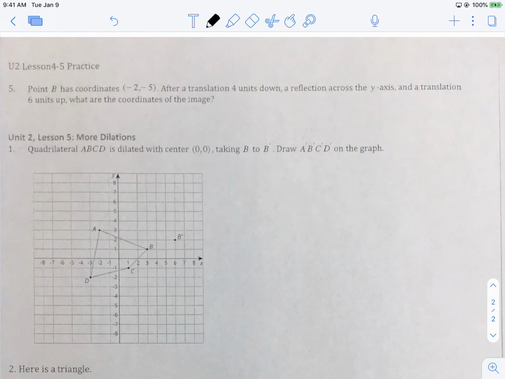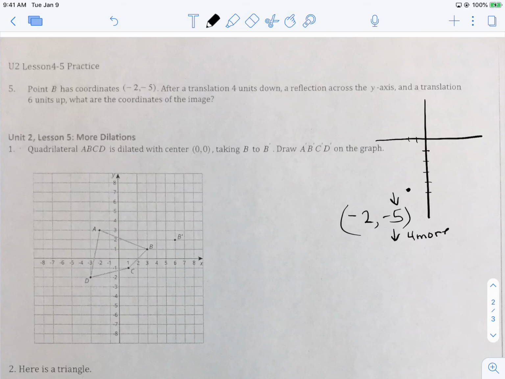If we do -2, say about there, and we go down -5, 1, 2, 3, 4, 5, we're roughly somewhere right here. Okay, so -2, -5, and it says after a translation 4 units down. If I'm going down, that's controlling my y-axis. So I'm going down 4. If I'm at -5 and I go down 4 more, I'm going to be at -9.